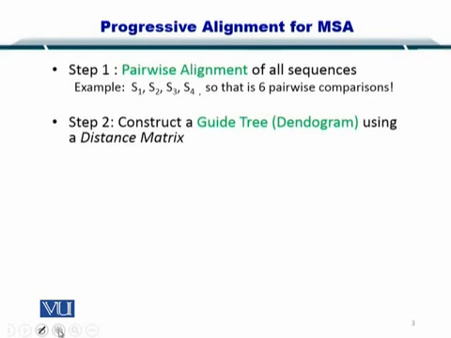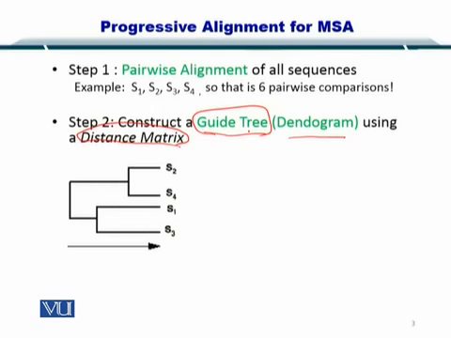In the second step, you construct a guide tree, or simply a dendrogram, using a distance matrix. So here you need to understand what is a distance matrix and what is a guide tree. For instance, this is a dendrogram or a guide tree for 4 sequences: S1, S2, S3, and S4. To understand what this tree represents, you need to consider the length of these branches.